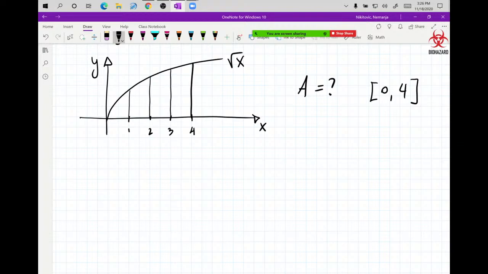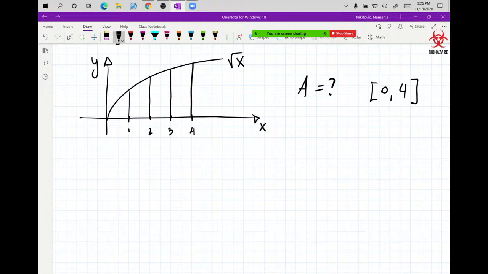Now, you don't have to divide on integers. You can divide any way you want. But the interesting thing is that you created a framework for creating rectangles and approximating the area under the curve.